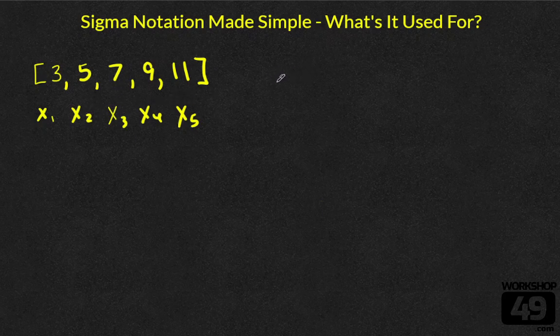Now this time we're going to change our sigma notation. We're still going to write our capital sigma, and we're still going to say i equals 1 to 3 this time. But instead of putting an i here, I'm going to put in xi. The i is still going to start at 1 and go up by 1 each time until it gets to 3, but instead of just being an i, it's going to be our term.